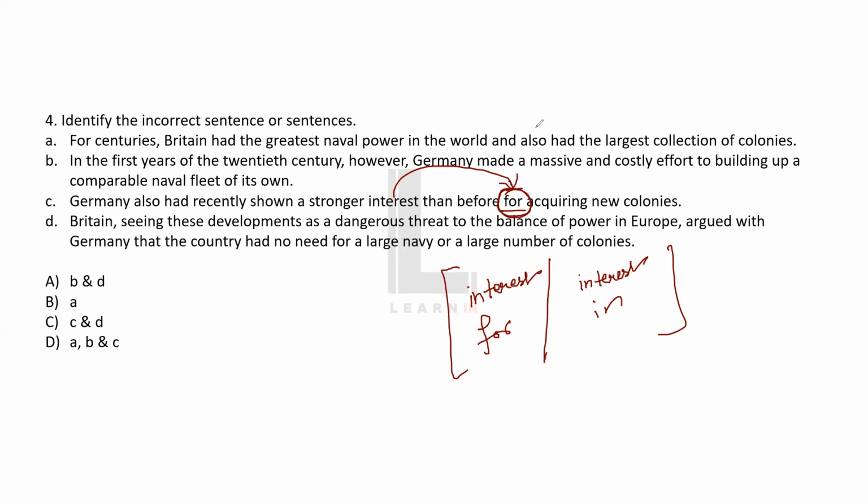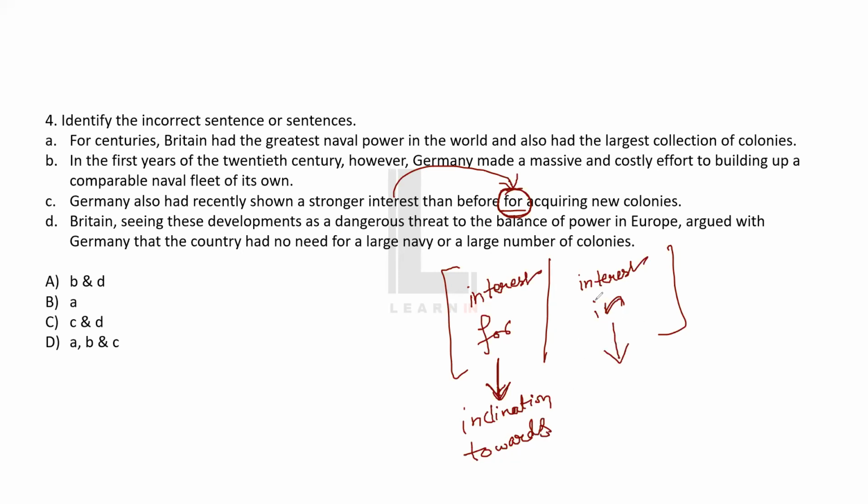Interest for, interest in. Interest for, they both are correct, right? Interest for says that, okay, I have an inclination towards something. Inclination towards something, right? Okay.